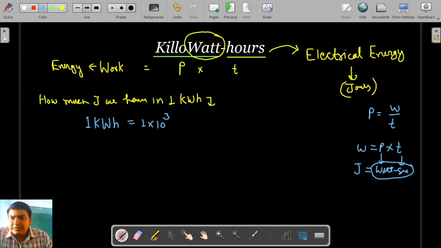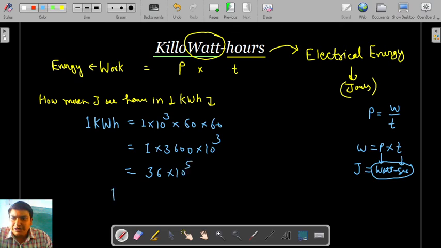In 1 hour there are 60 minutes, and in each minute there are 60 seconds. So here we have 1 into 3600 into 10 to power 3, which becomes 36 into 10 to power 5, that is, 1 kilowatt hour equals 3.6 into 10 to power 6 watt second.